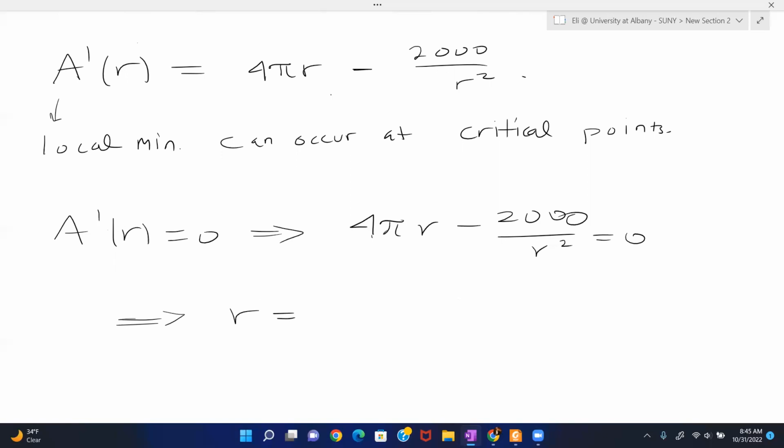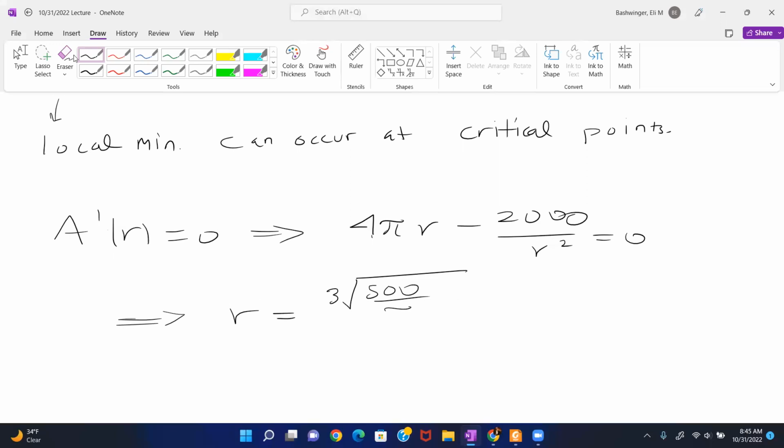You can do it on your own, and of course, if you run into trouble, go to the tutoring room or come to my office. But if you do the algebra and solve for r, you get the cube root of 500 over. Let me write the cube root again. It's not quite good.